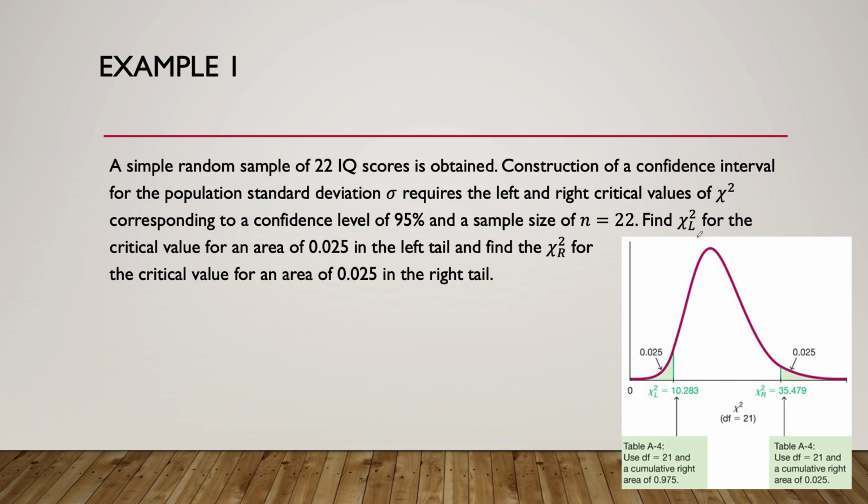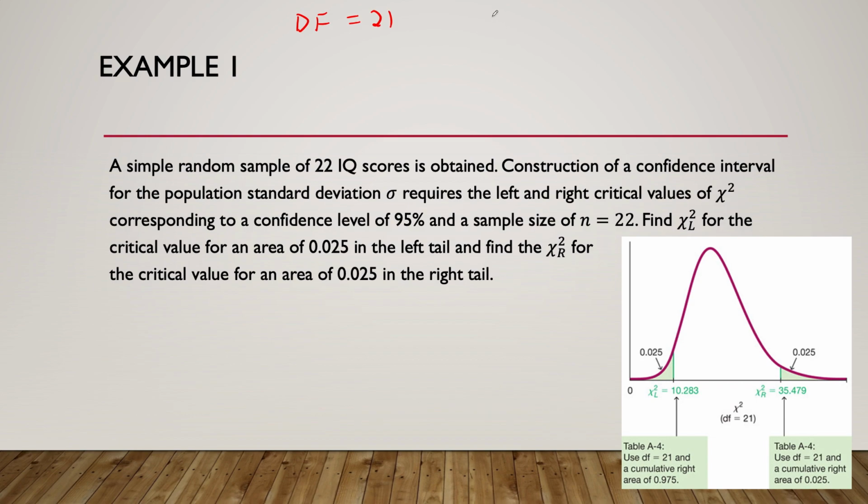Find the chi-squared value for the critical value of an area of 0.025 in the left tail, and find the chi-squared value for the critical value of an area of 0.025 in the right tail. This uses a degree of freedom of 21, since the sample size was 22.